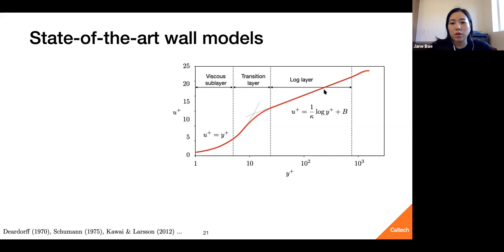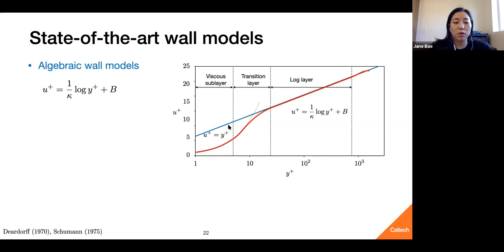Then in the log layer, you see this log law where the velocity is proportional to the log of the distance from the wall. These constants kappa and b for the flat plate zero pressure gradient case have been empirically derived through experiments and are now considered more or less constant.